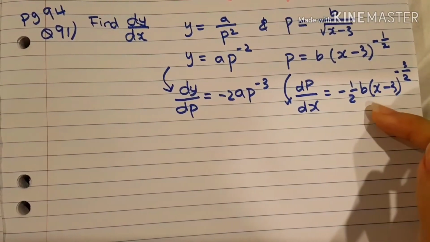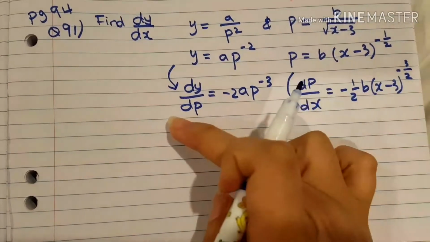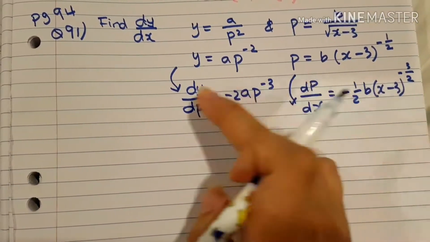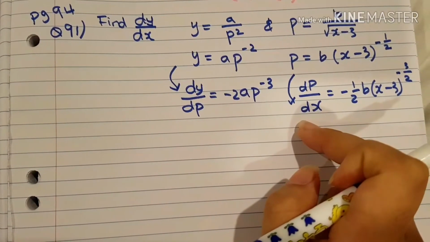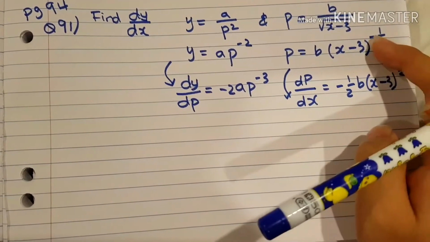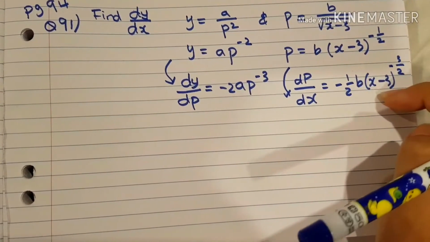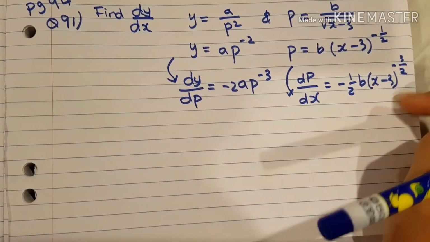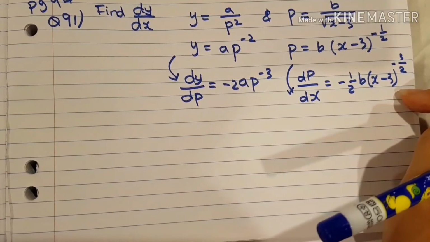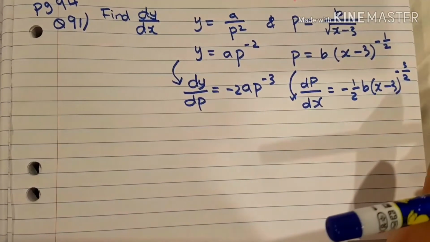Okay, like this, if I differentiate dp over dx, then I can cancel out dp over dp, and all I'm left with is dy over dx. And this one I differentiated, pull it down, -1, and inside the bracket you have to take out, which will be just 1, but I will still write it just in case I forget it next time.